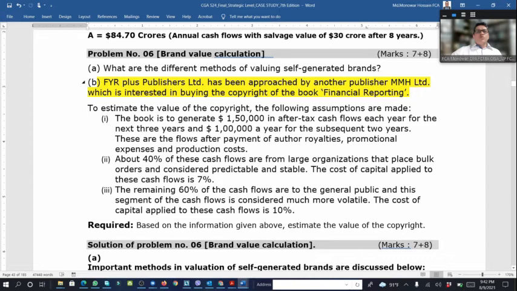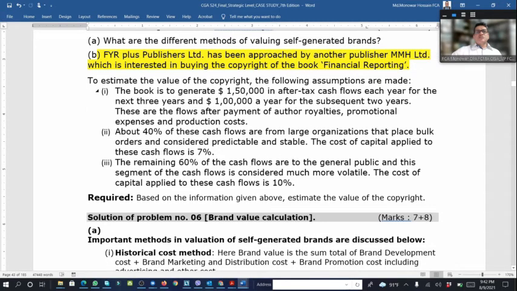The book is to generate 1,50,000 in after-tax cash flow each year for the next 3 years, then 1 lakh for the subsequent 2 years, after the payment of author royalty, promotional expense, and production cost. About 40% of this cash flow is from large organizations that place bulk orders and is considered predictably stable. The cost of capital applied to this cash flow is 7%.